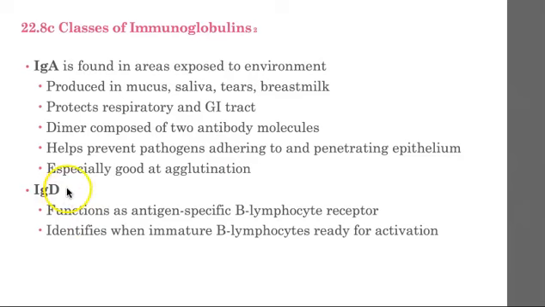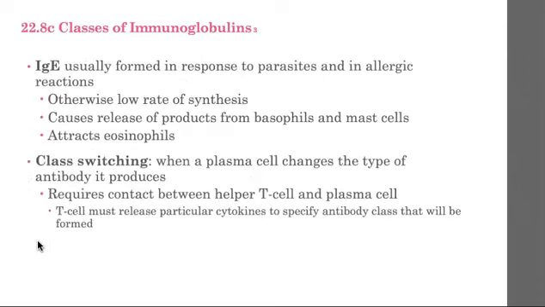Then 4th is IgD. We aren't too sure exactly what it does, but we know it functions as an antigen-specific B lymphocyte receptor, so a BCR, and it identifies when immature B cells are ready for activation.